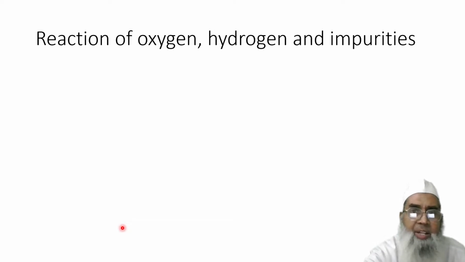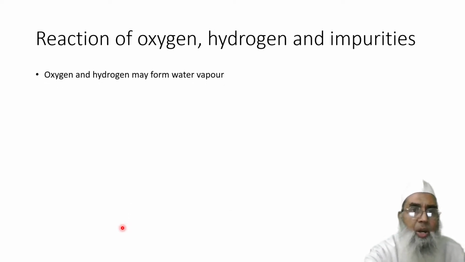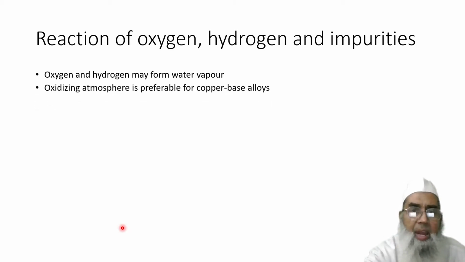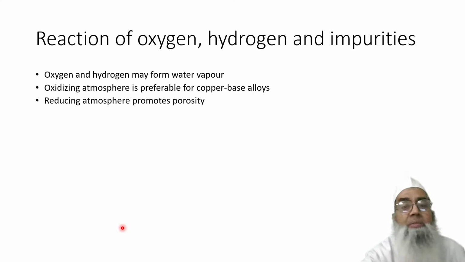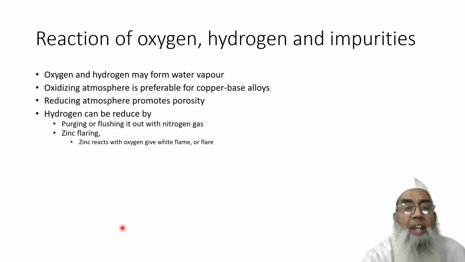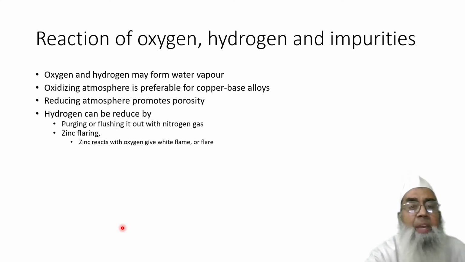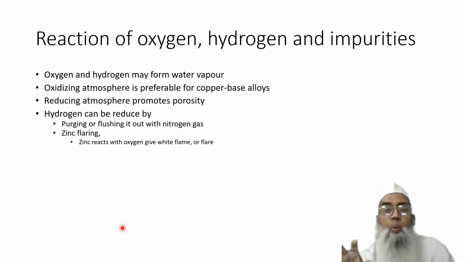Now, reaction of oxygen, hydrogen, and impurities. Oxygen and hydrogen may form water vapor at high temperature. An oxidizing atmosphere is preferred for copper-based alloys. A reducing atmosphere promotes porosity. Hydrogen can be reduced by purging or flushing with nitrogen gas.